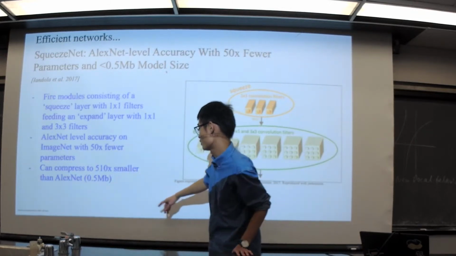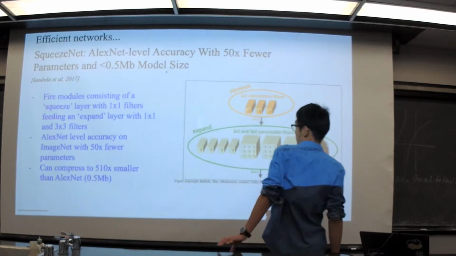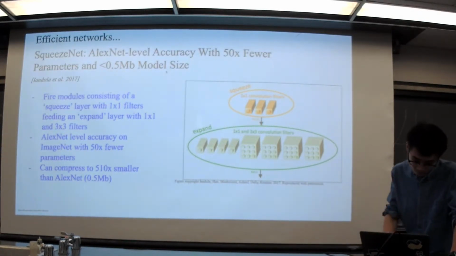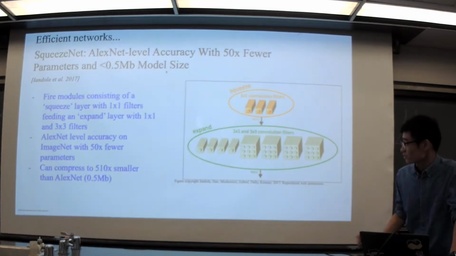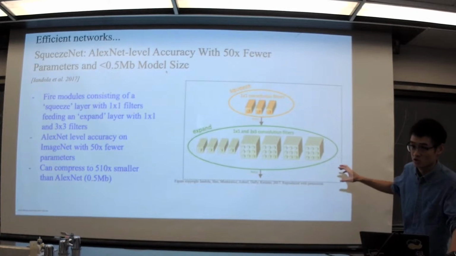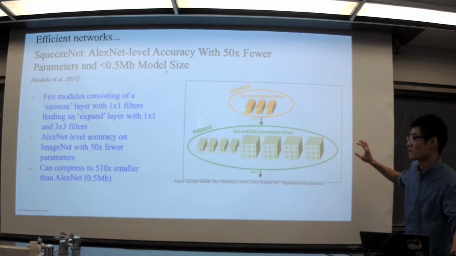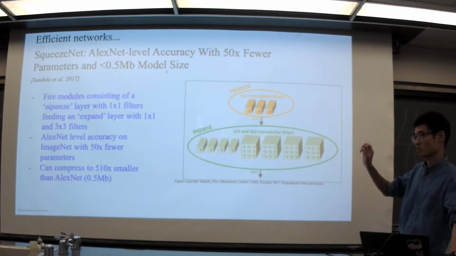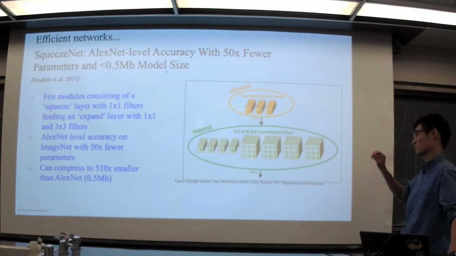It only has 0.5 megabytes of parameters, so it's very tiny. So this model is working on a different dimension. It's not about how to improve my prediction accuracy. It's about how to make my network smaller and smaller to make it run faster.